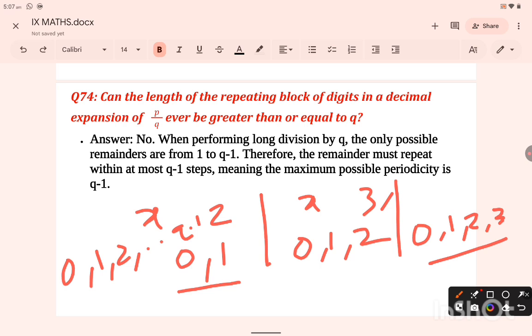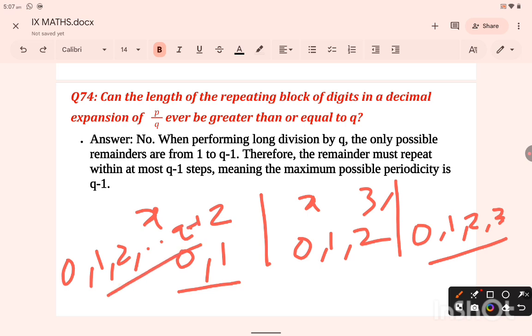Total how many remainders do we have here? q remainders. When p is divided by q, the number of remainders is q. They are 0, 1, 2, 3 and so on up to q minus 1.